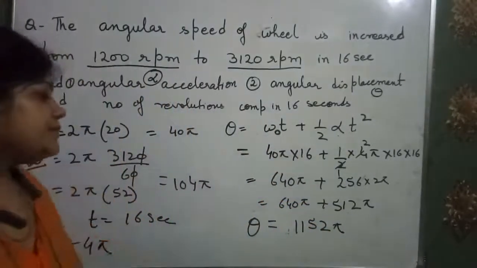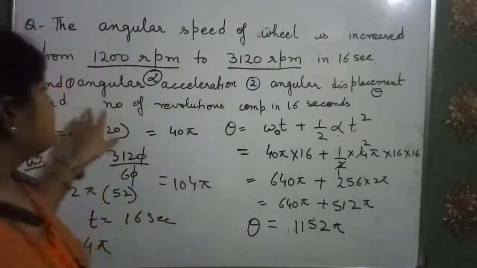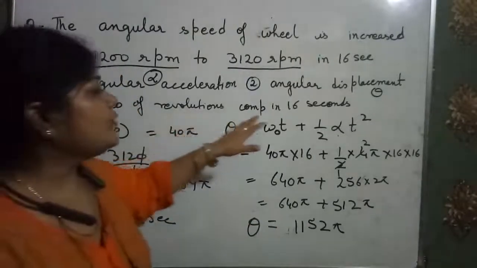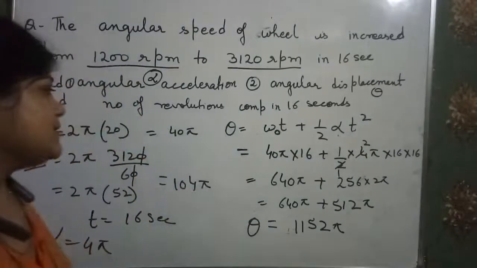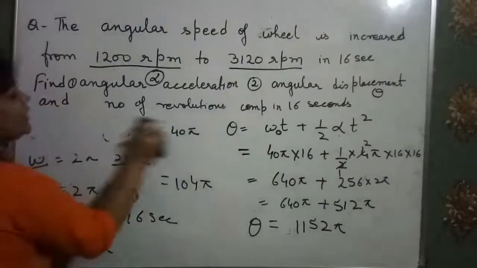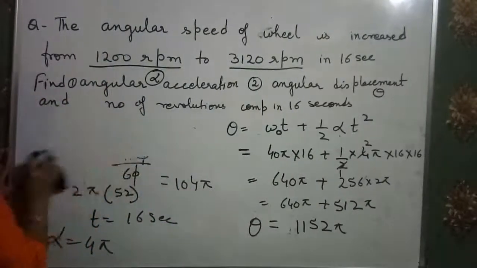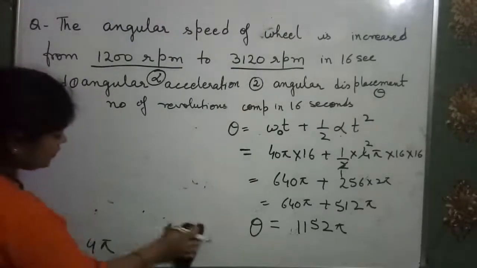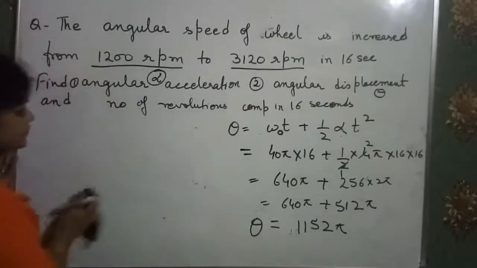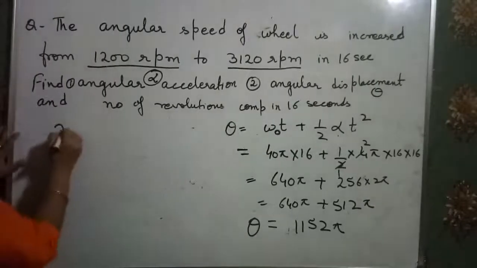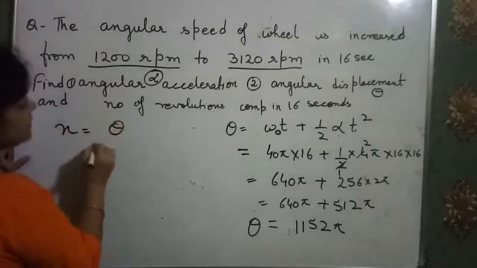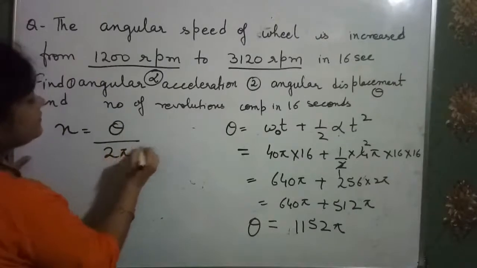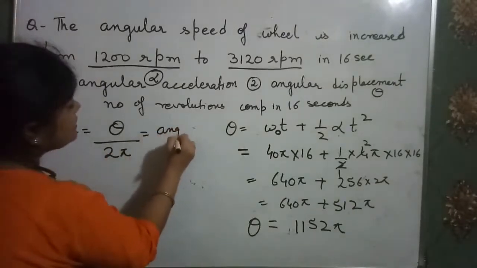So now the next one: find the number of revolutions completed in 16 seconds. Whenever we have to find the number of revolutions, what we do is, number of revolutions is equal to angular displacement over 2 pi.